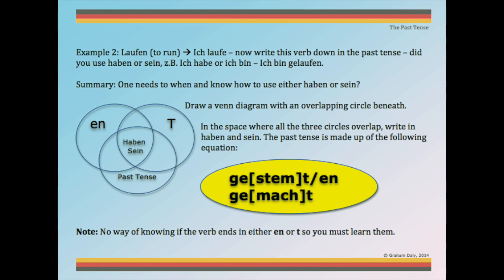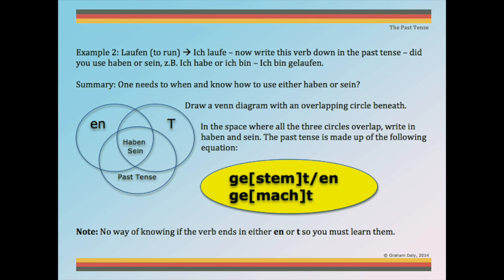So, at this stage of the podcast, we need a very quick way of deciding whether to use haben and sein. So, take out your biro and your coloring pencils or highlighter, and I'm going to ask you to draw something for me. I want you to draw a Venn diagram that has 3 circles overlapping.